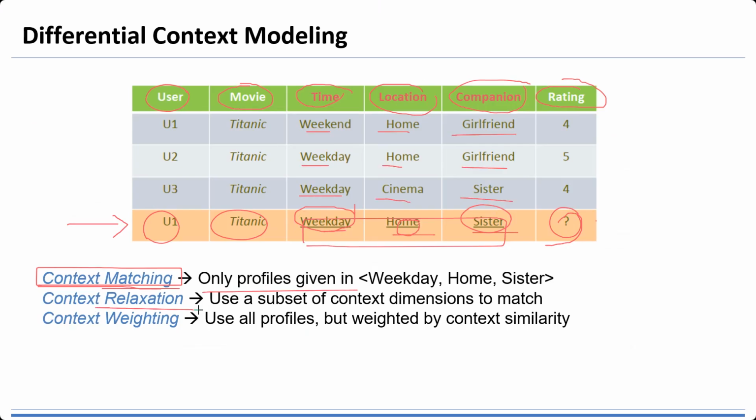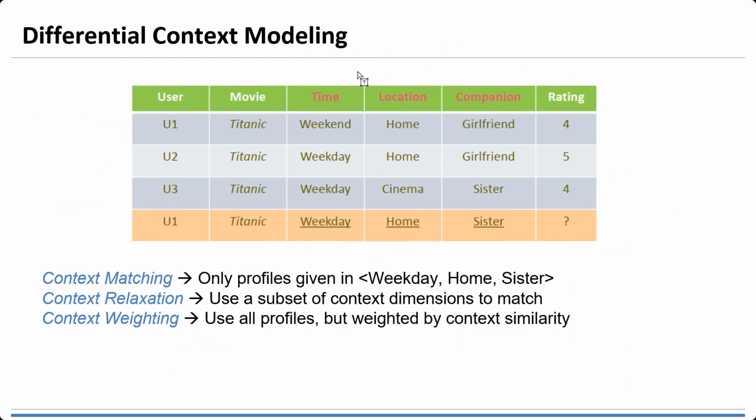Relaxation means if we cannot match all three attributes, let's try to relax it by using a subset of the context dimensions. If time, location, companion do not match, then we will check the subsets: time and location, or time and companion, or location and companion.